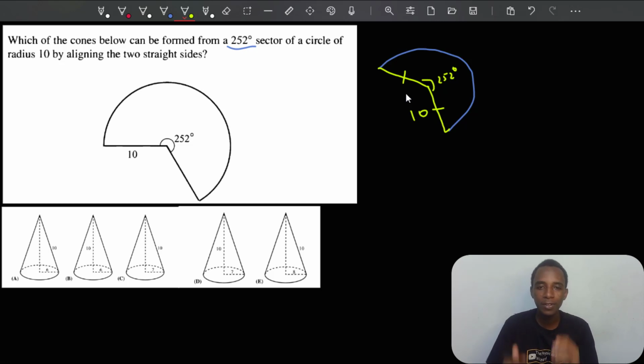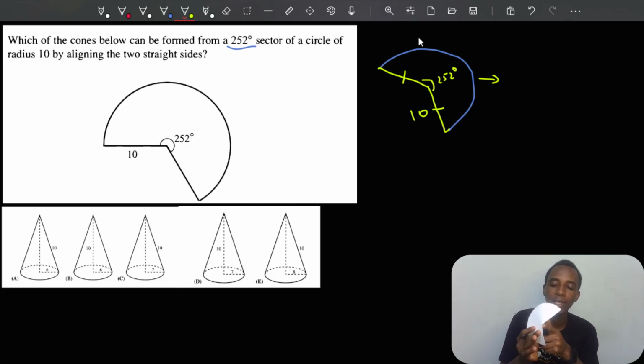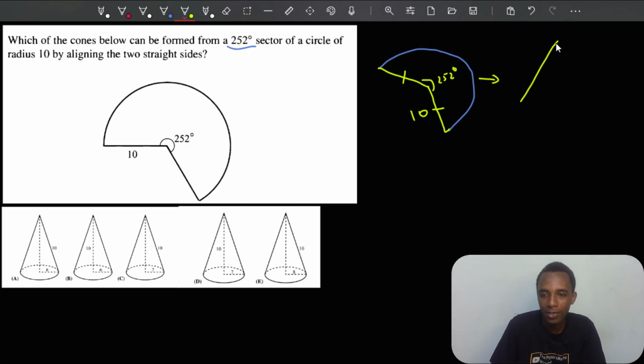Now, if we fold this to form a cone, as you've just seen, these two radii are going to form the slanting height of the cone. And then this other bluish part is going to form the base.